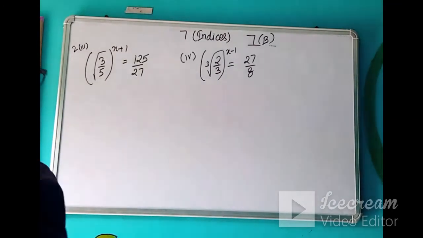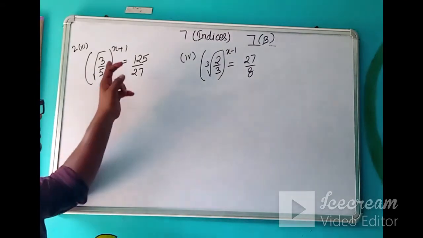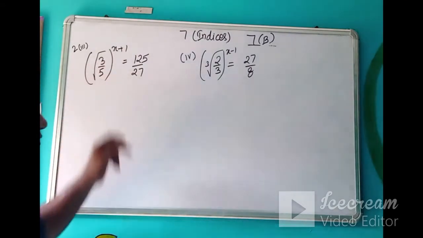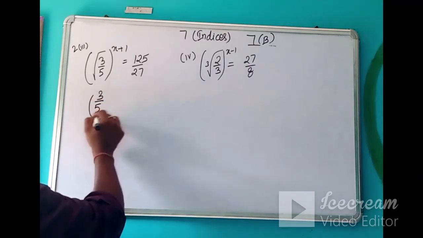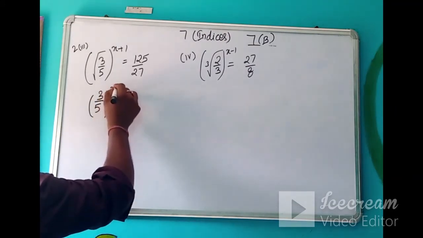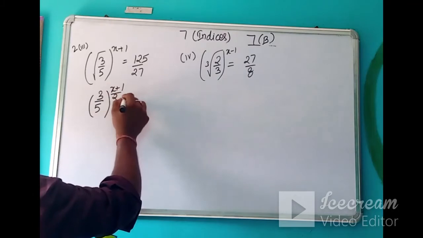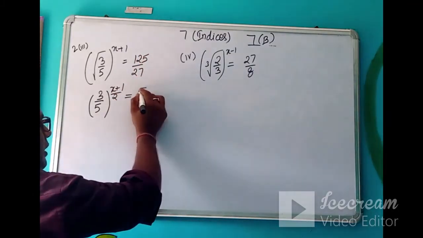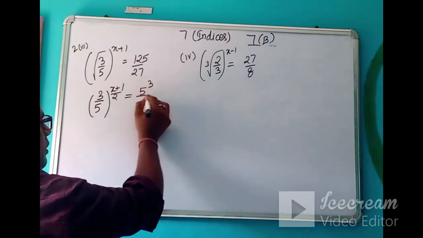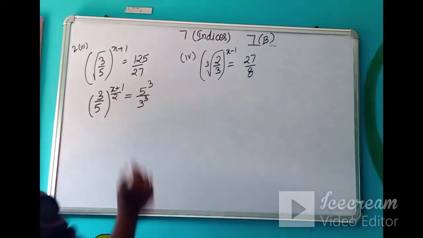Okay, let's discuss another type now. In this, see, again root sign is there. So we will replace this root sign like this, and this 125 and 27 is there, so I will write it like this, 5 cube upon 3 cube.